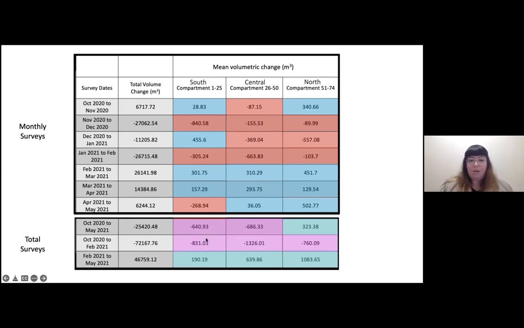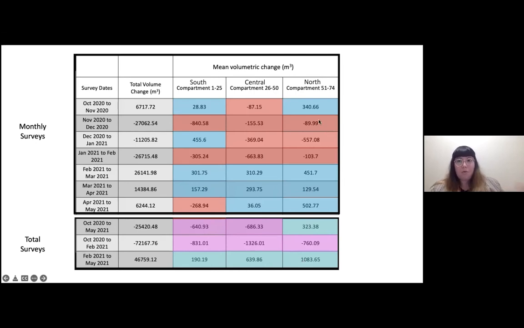And then this is seen also through beginning to end of the survey, where the south and central portions are losing about the same amount of sediment per compartment, and the northern area is gaining, while all of them are losing sediment during the stormy period, October to February, and then all of them are able to gain some sediment back from February to May.